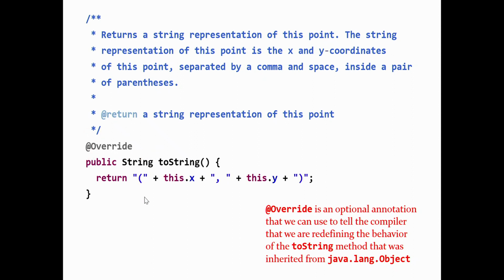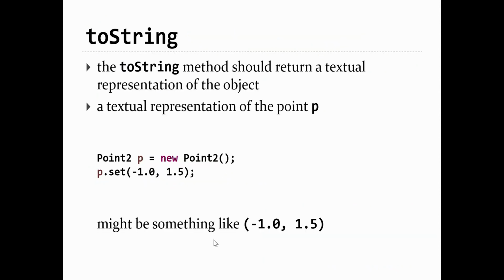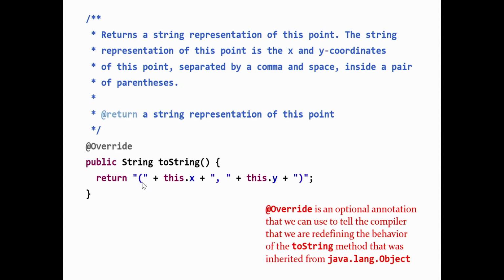What should toString do? Well, I want the string representation of my point. I've decided that it's going to be round bracket, x coordinate, comma, space, y coordinate, round bracket. So how do I make that string? Well, it's round bracket, x coordinate, comma, space, y coordinate, round bracket. And that's it. That gives you the string representation of your point, and then we just return that string.